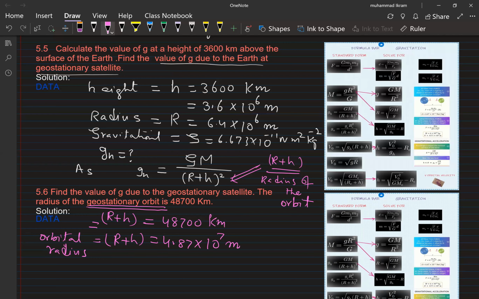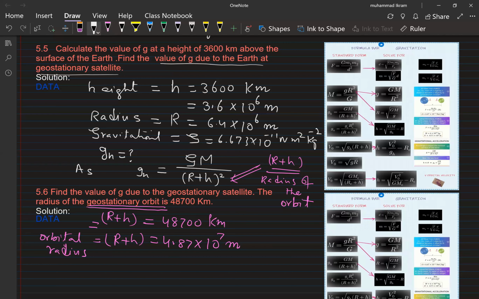If they say above the surface of the earth, or if they say the satellite orbit, the whole orbit, then you need to understand this. Now simply use GM over the value of this, use a calculator, find your answer and express it in meter per second square, and then tell me whether your answer matches the book or is logically correct.